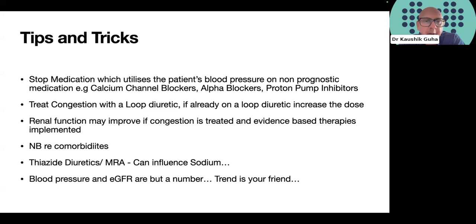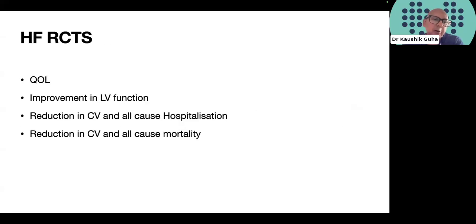Though a temporary cessation may be necessary, we have to be cognizant that all of the heart failure medication has been shown to improve quality of life, potentially improve the patient's cardiac function, reduce the cardiovascular and all-cause hospitalization, and reduce cardiovascular and all-cause mortality.